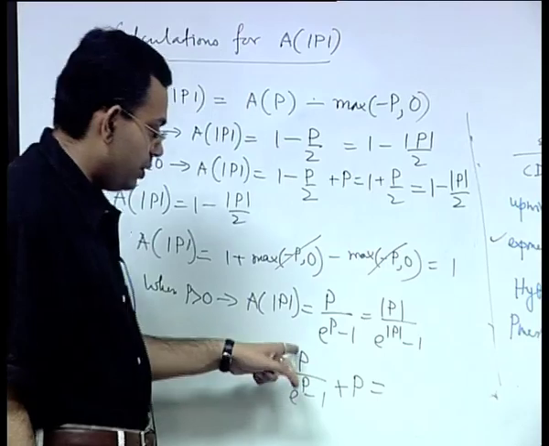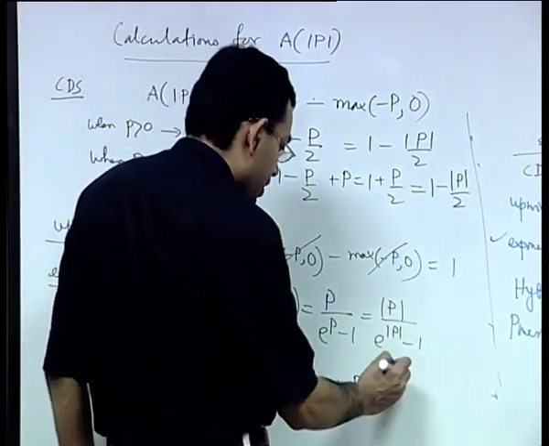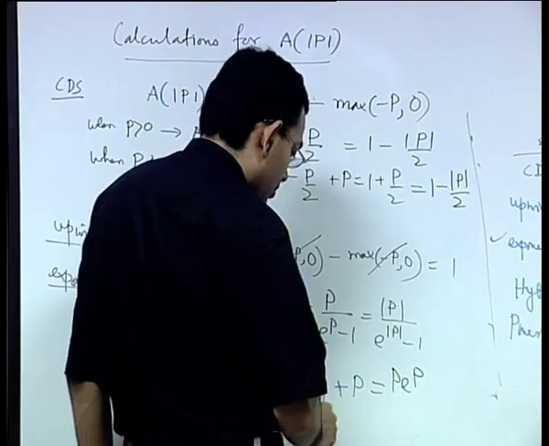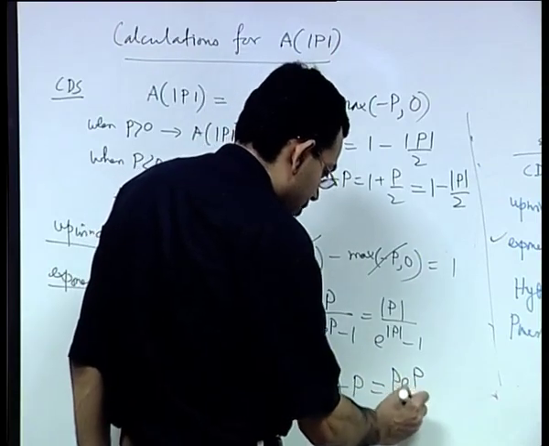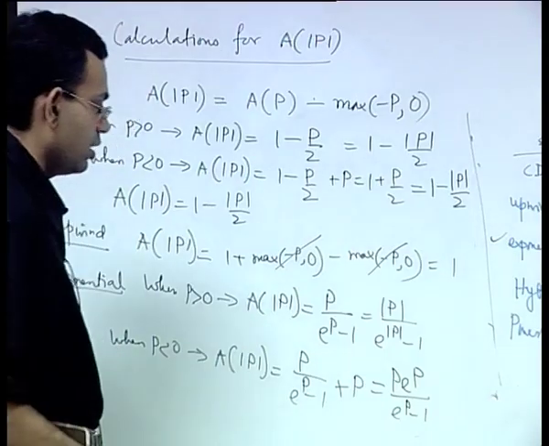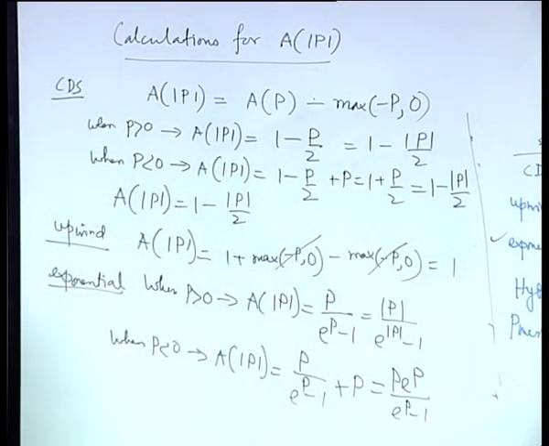So, p plus p to the power p minus p by e to the power p minus 1, divide both the numerator and denominator by e to the power p.